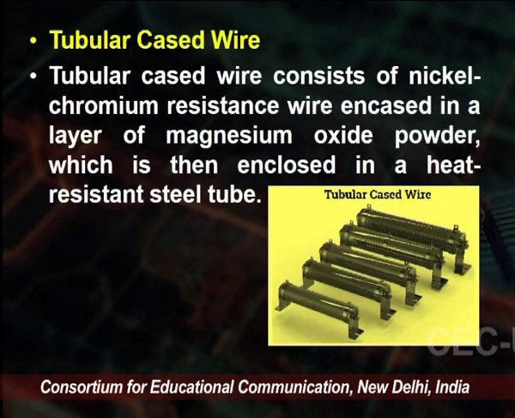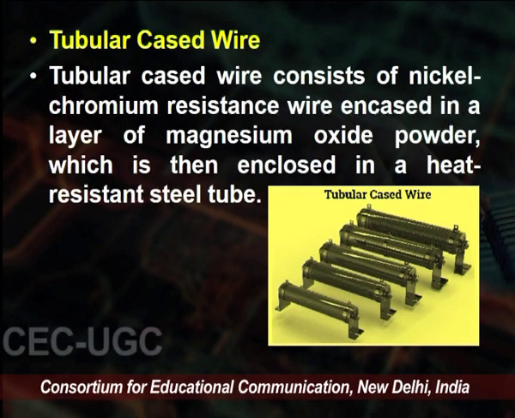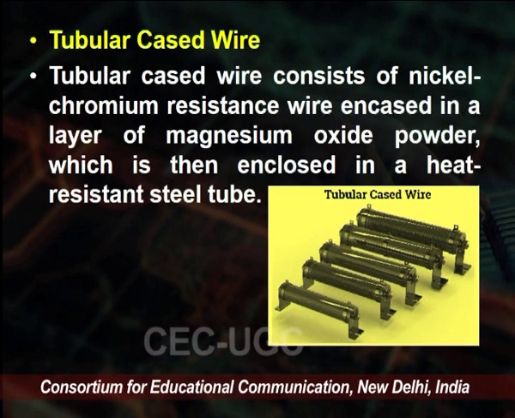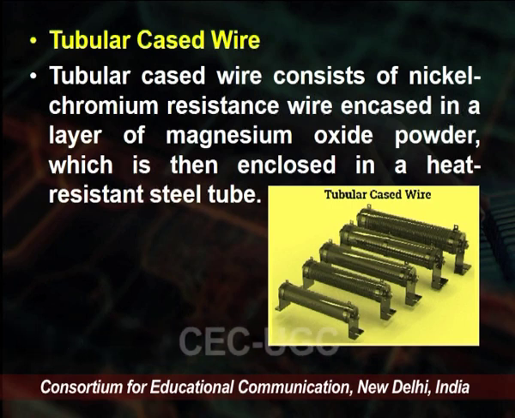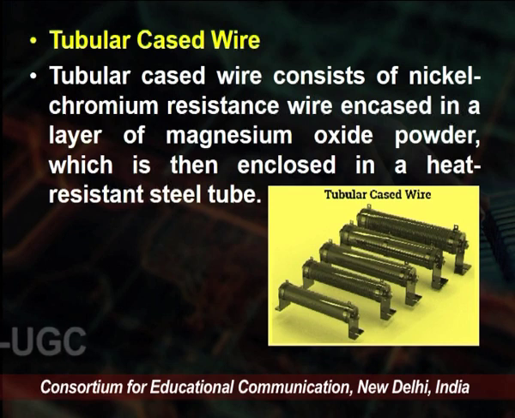Another, which is the most commonly used, is the tubular cased wire. This tubular cased wire consists of nickel chromium resistance wire cased in a layer of magnesium oxide powder, which is then enclosed in a heat resistant steel tube.